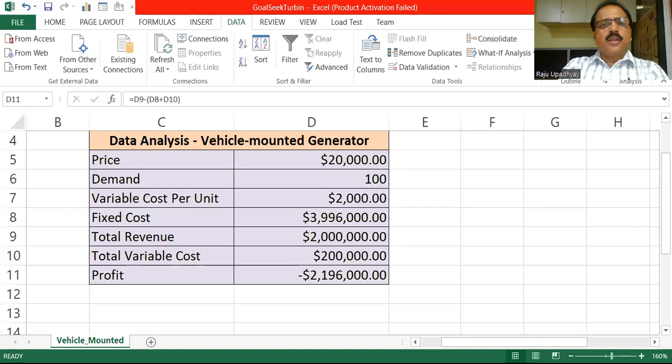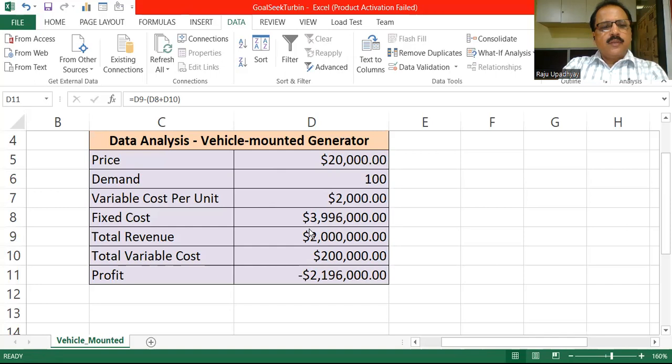The data related to manufacturing of the vehicle mounted generator includes many different parameters, which I'll try to show you through my spreadsheet. So I'm going to share my display screen. Now you're able to see my screen where I have my data sheet for this new product.